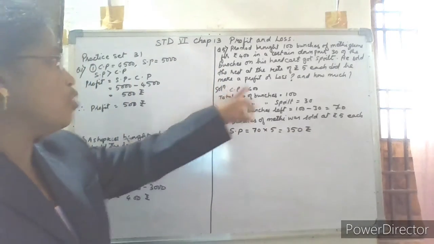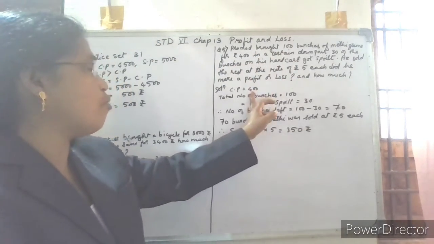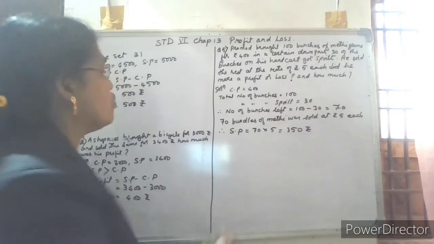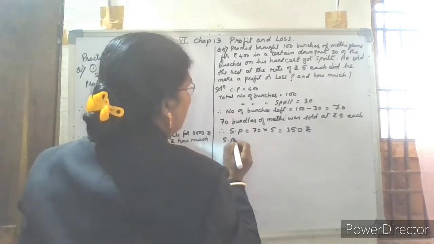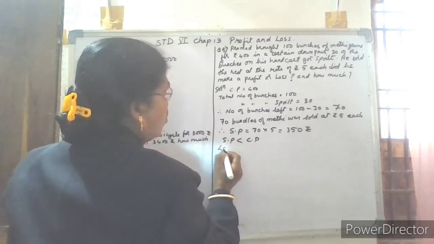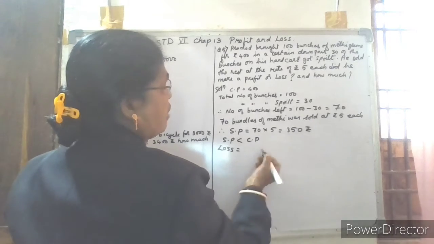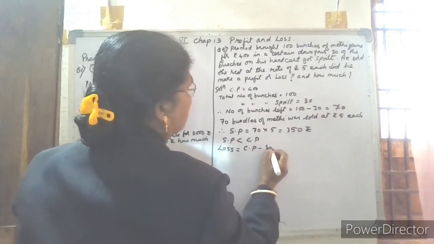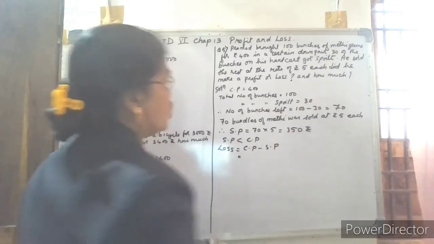But he bought all the 100 bundles for how much? 400 rupees. That means he has incurred a loss. So here selling price is less than cost price. Therefore, loss is equal to cost price minus selling price. Children, please learn the formulas by heart.